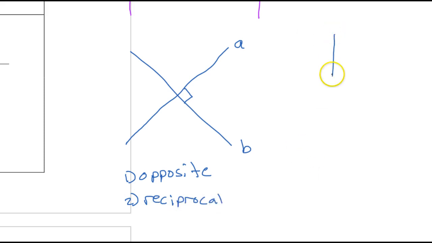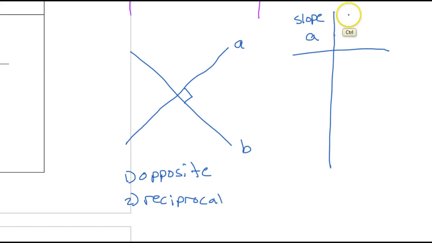Opposite and reciprocal. So look at this little chart I'm about to make. These are slopes. So let's talk about the slope of line A compared with the slope of line B.